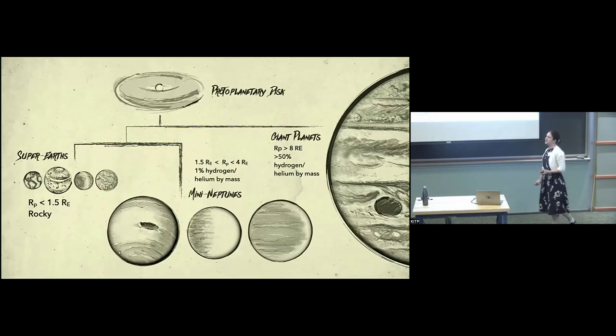So to take a step back, we can think about exoplanets that form in three different rough type bins. We can get giant planets, which are more than 50% hydrogen and helium by mass. And then we've got the small planets.